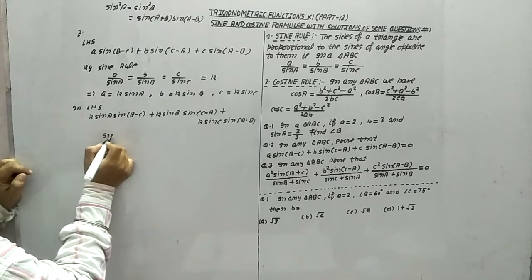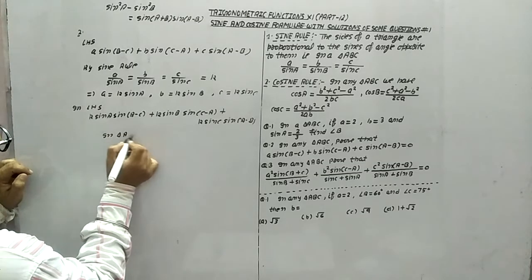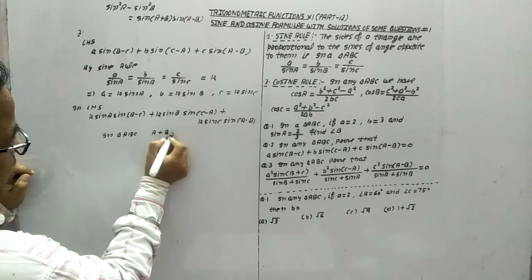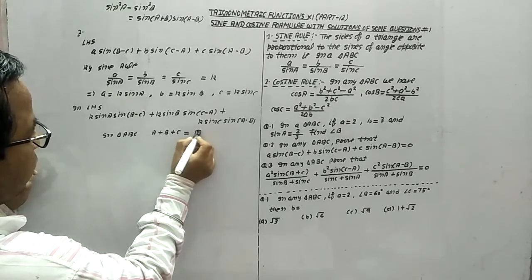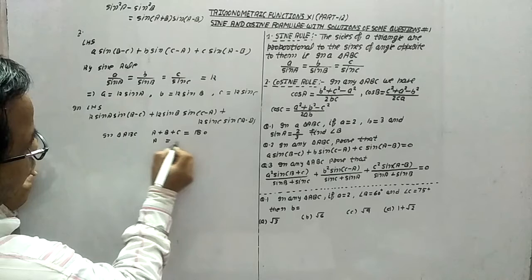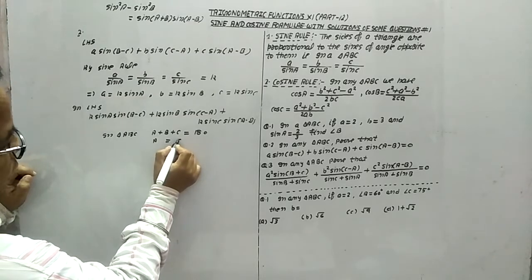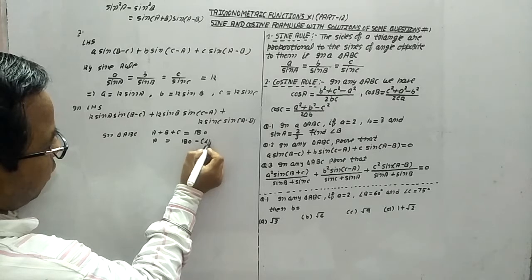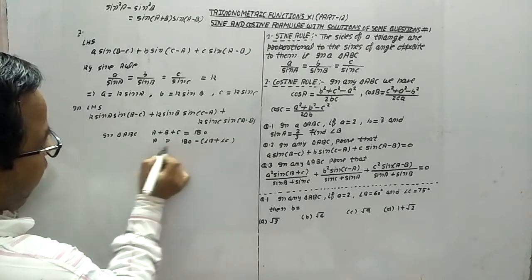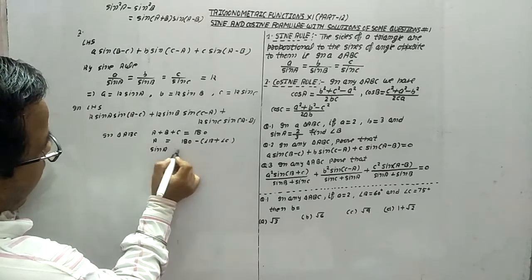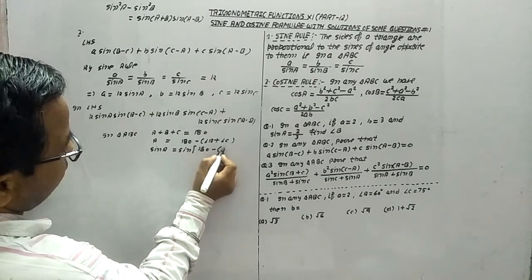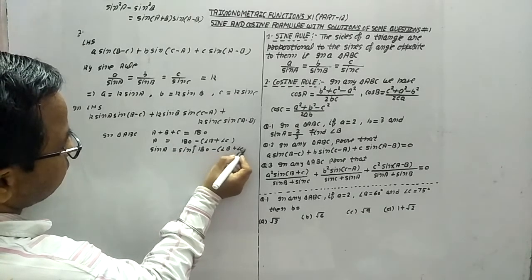In triangle ABC, we already know that A plus B plus C is equal to 180 degrees. It means A is equal to 180 minus (angle B plus angle C). It means sin A is equal to sin(180 minus (angle B plus angle C)).